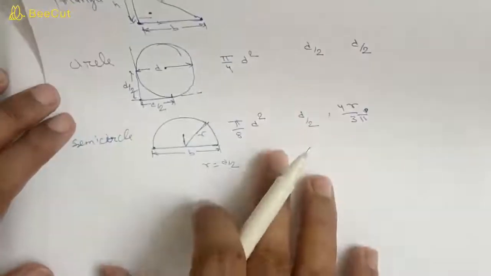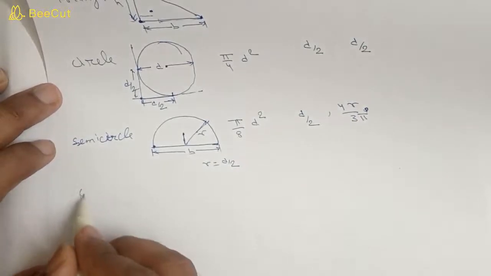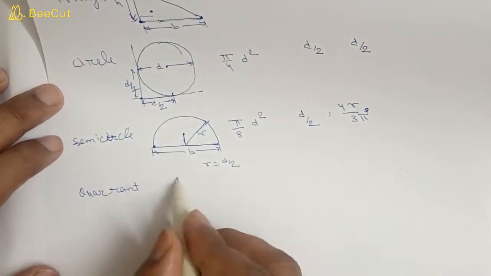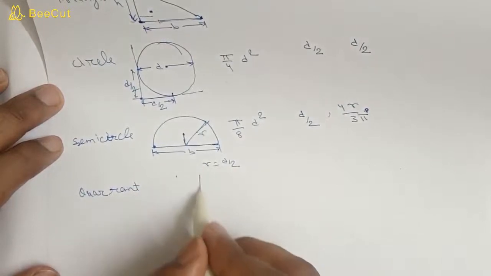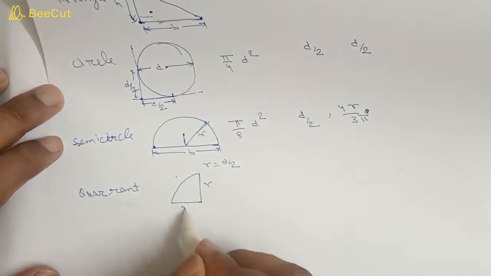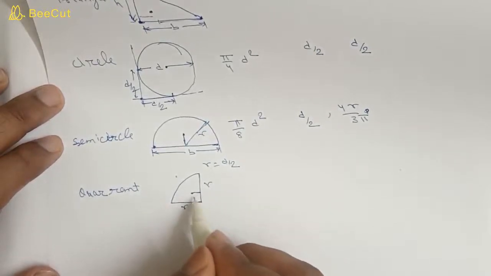Then we will see for the quadrant. So it is 1/4 of a circle. This is r, this is r. So centroid of this will be, this is x bar, this is y bar.